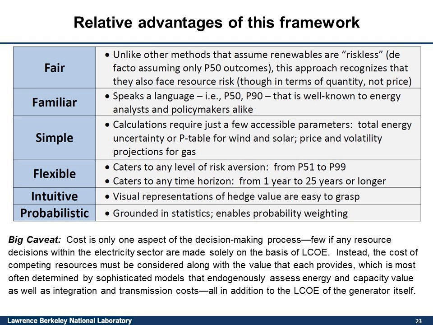Of course, the rather narrow focus on LCOE neglects a lot of other things, and it's important to recognize that few, if any, resource decisions are made on the basis of LCOE alone. Instead, the cost of competing resources really should be considered along with the value that each provides, which is typically determined by an involved modeling process that goes well beyond the rather simple framework developed here.